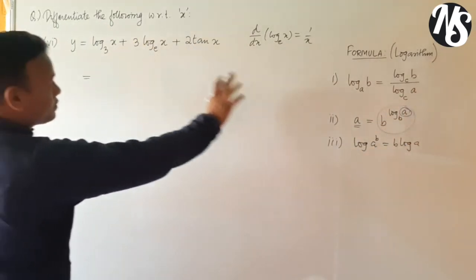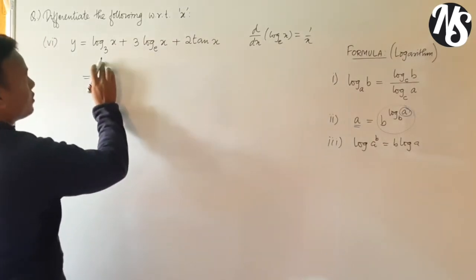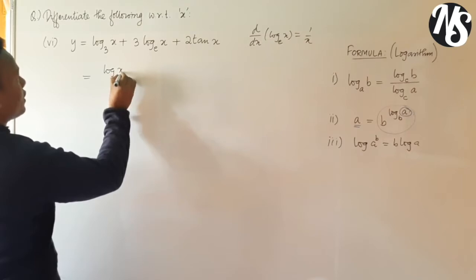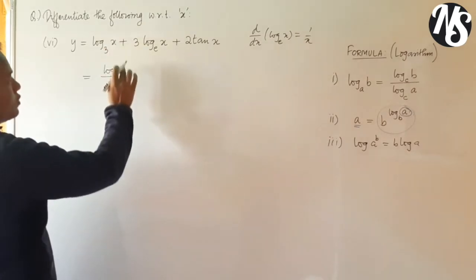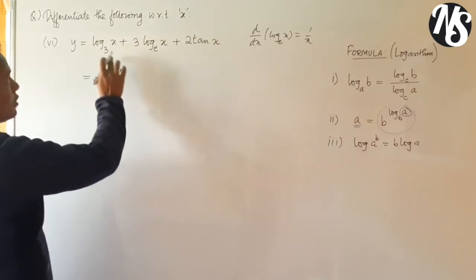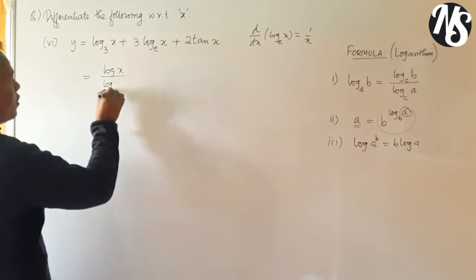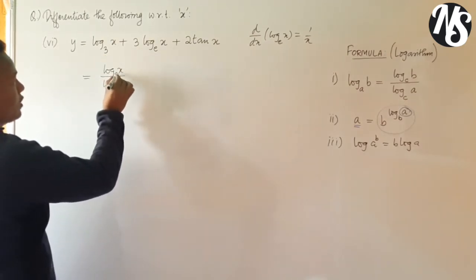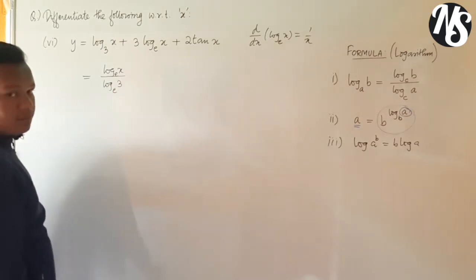So this can be written as log, where x is on top, so it will be kept in the numerator. 3 is below, so that will be kept in the denominator. Now I'll introduce a new base, that is e.